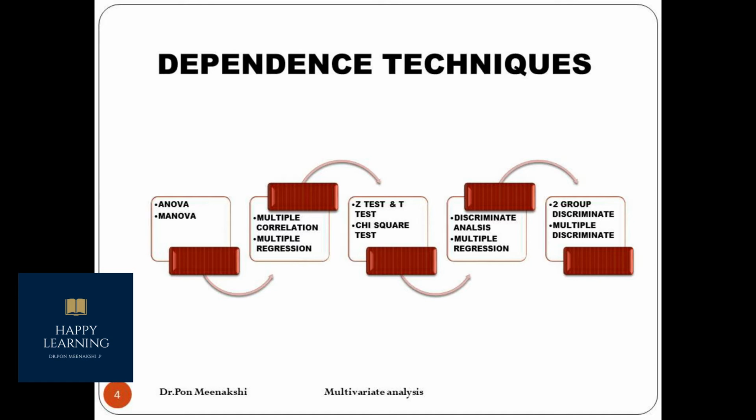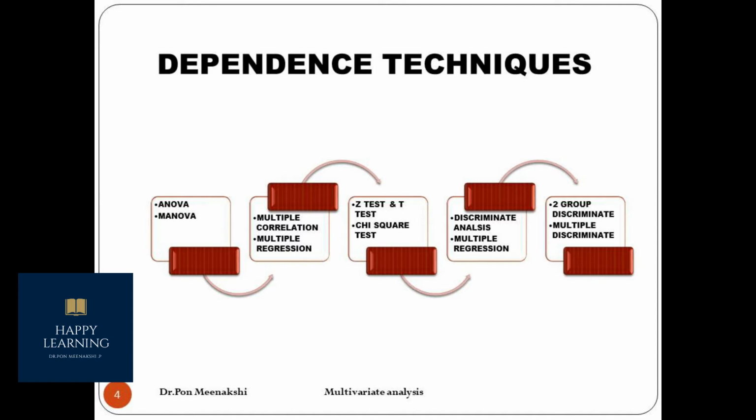The next one is discriminant analysis and multiple regression. Discriminant analysis is used for predicting a dependent variable that has at least two but generally three or more levels: user, non-user, high performer, moderate performer, low performer. That way we can discriminate the group.